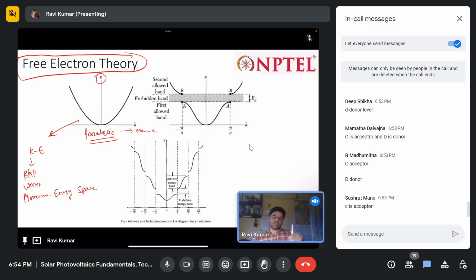So why is it parabolic? And this is for an isolated atom, an atom having a free electron.